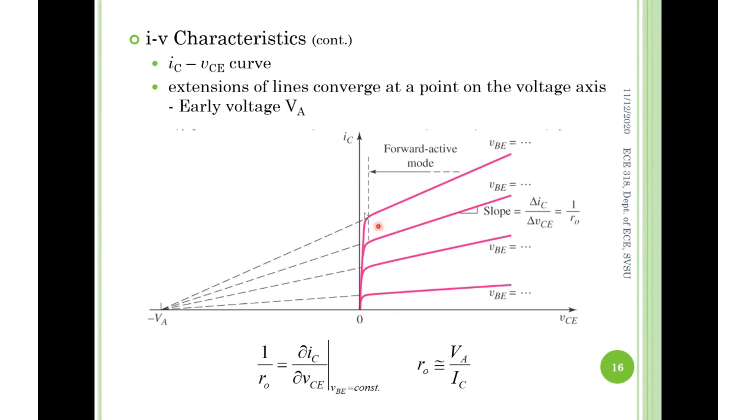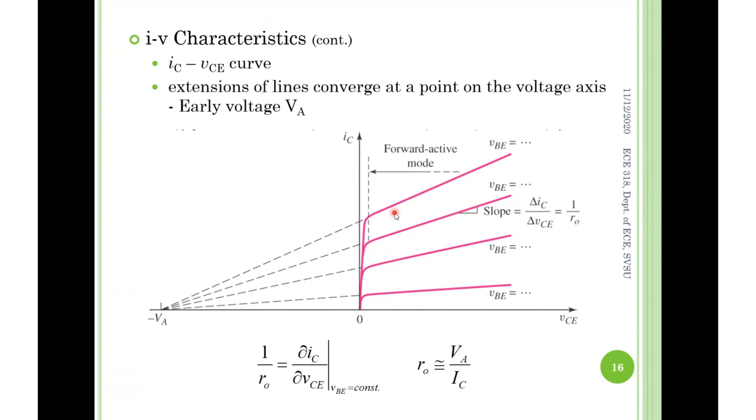By this IV curve, you can tell. The slope of the IV curve is actually very, very small. It means the curve is flat, or very close to flat, not exactly flat. If it were really flat, of course, the curves could never converge to one point. So it's very close to flat, with a small slope.